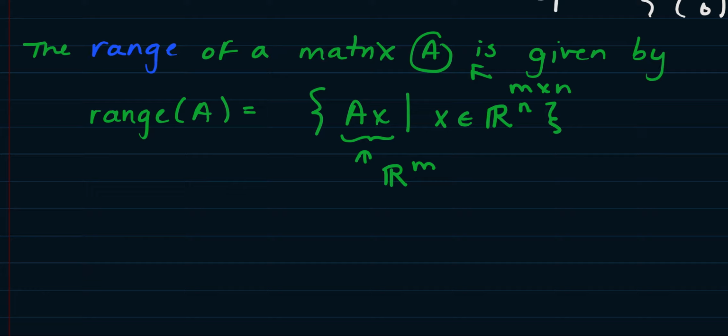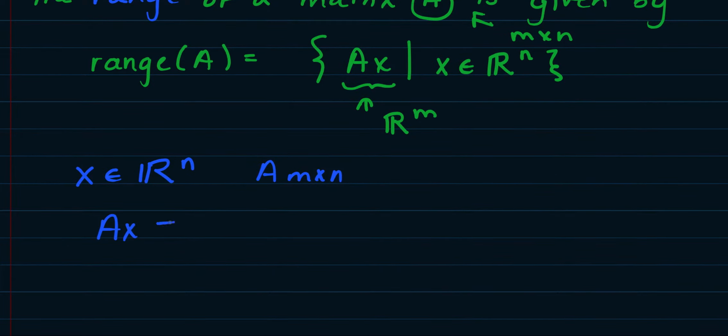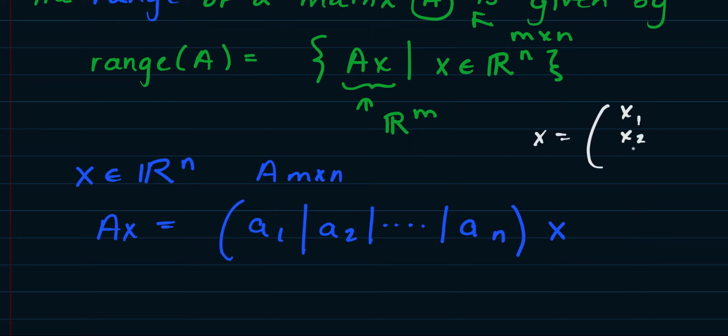So let's talk about this. If we have X in Rn, this matrix A that's M by N, A times X is the same thing as breaking this matrix into its columns, and there's going to be N of them. We can think of X as X1, X2, all the way to Xn. Remember, it's an N by 1 matrix.